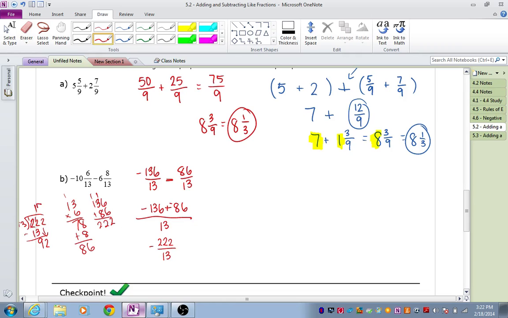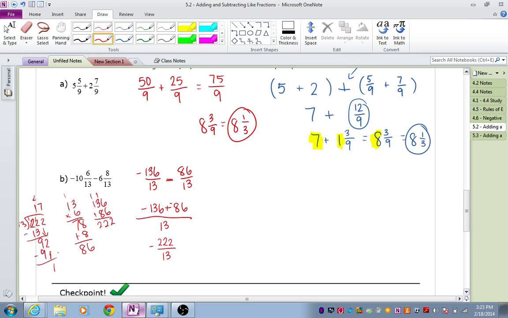Let's try 5. 5 times 3 is 15. 5 times 1, oop, too small. Okay, that's fine. How about 7? 7 times 3 is 21. 7 times 1 is 7 plus 2 is 9. So we have a remainder of 1.